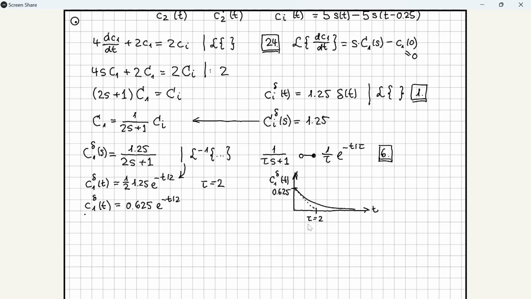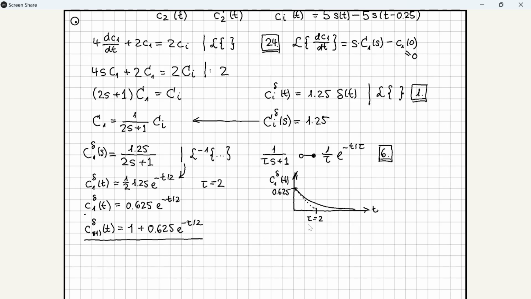So this is the normalized one, and my C delta C11, let's call it C11 because I've come from level 1, equals 1 plus 0.625 e to the minus t over 2. Okay, so now I can draw a line under this. So this is the first question that I've answered. This is what the function will look like.